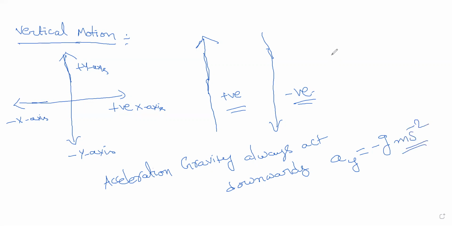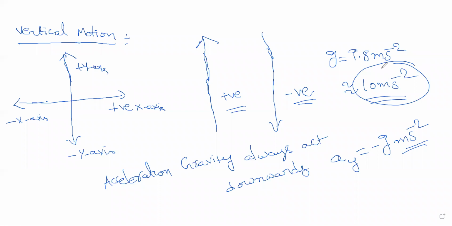What is this gravity? The value is 9.8 meter second power minus 2. But for calculation purposes, we will take it as 10 meters second power minus 2. 90% of the calculations we will use this one itself. So these are the things you have to remember. Acceleration, we will take it as minus g. Downward movement, negative. Upward movement, positive.